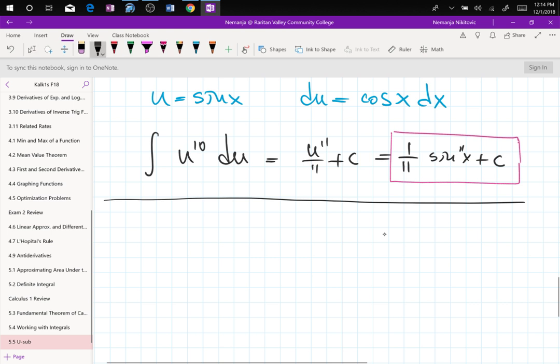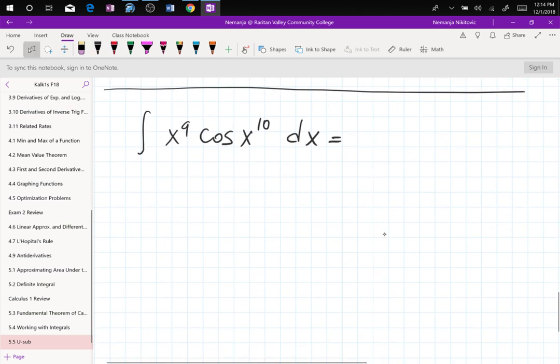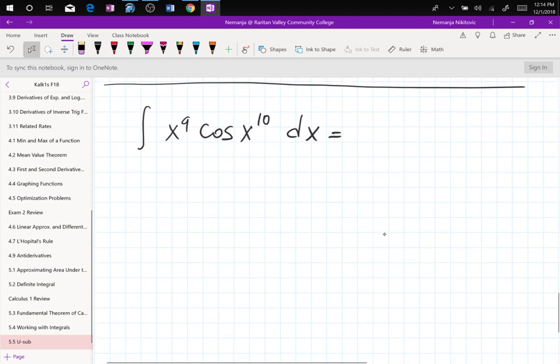So now, I would like to take a look at the integral of x to the 9 cosine x to the 10 dx. This problem is different than the previous one. What is your u now?